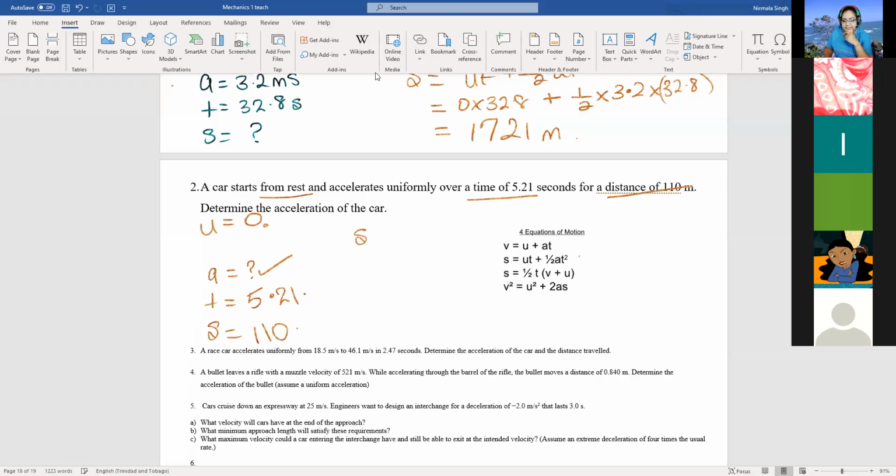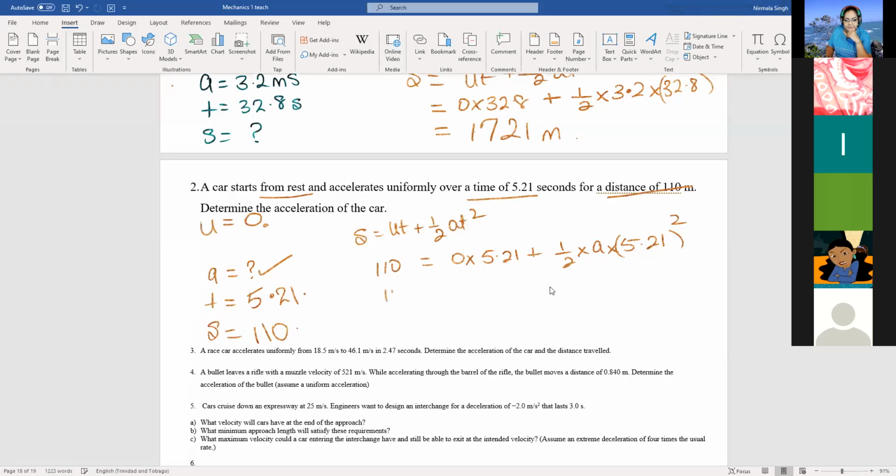So you're going to have S is equal to UT plus a half AT squared. Let's get rid of this to give us space. All right, so let's start putting in numbers. 110 is equal to 0 by 5.21 plus a half multiplied by A multiplied by 5.21 squared.